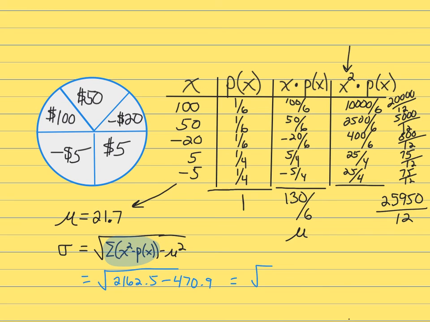And that is the square root of 1691.7, which is about 41.1. And that is your standard deviation and your expected value.